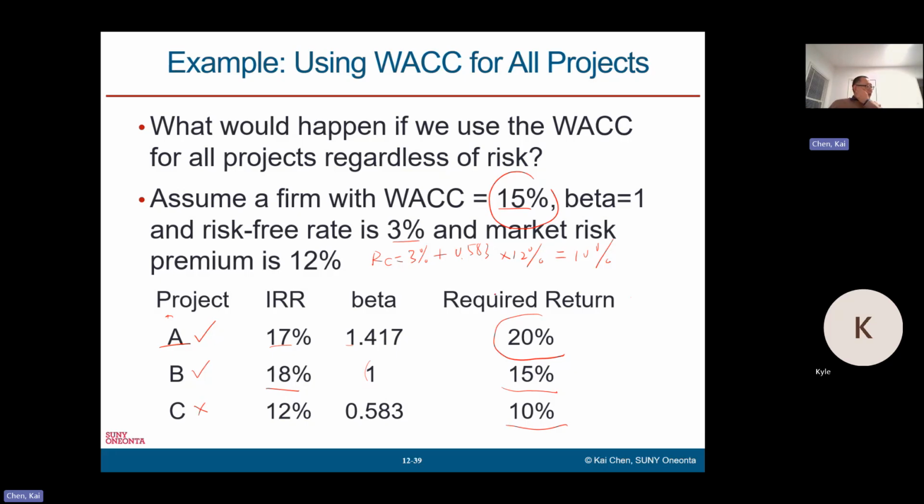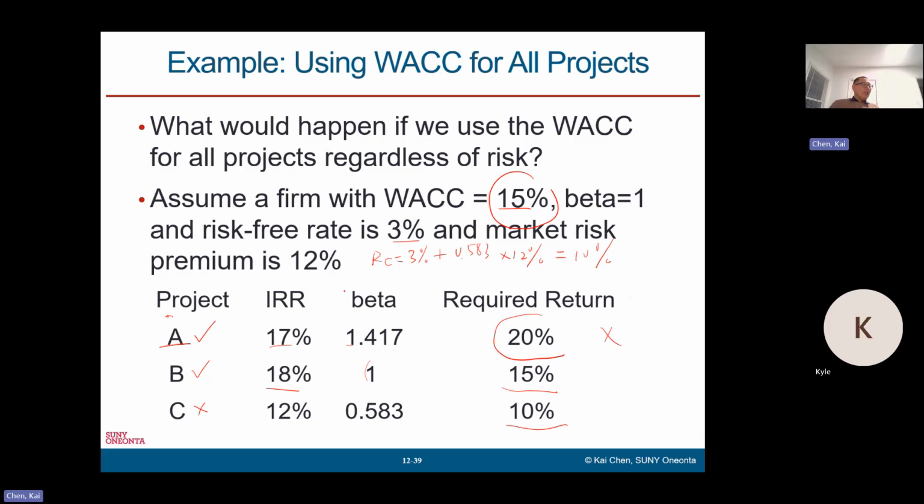Okay, now we're going to make the decision for project A. For project A, its IRR is 17%, and its required rate of return is 20%. In this case, IRR is smaller than the required rate of return. Then what are we going to do? We reject the project, right?